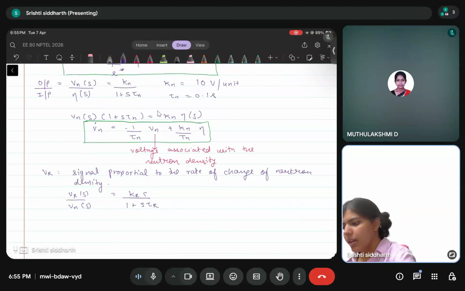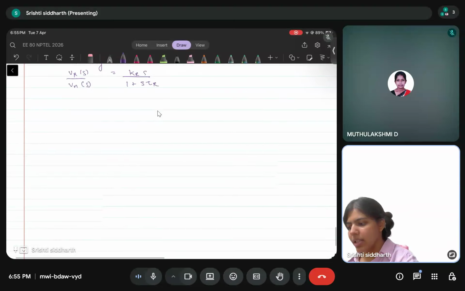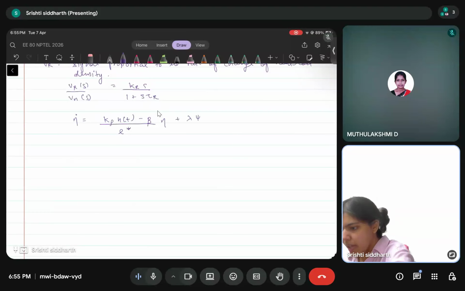Okay, so let's write down all the differential equations associated with the nuclear model. That's the complete mathematical model. First, we already have seen this. I'm going to write down eta dot. Eta dot is k rho h of t minus beta over L star times eta plus lambda psi.